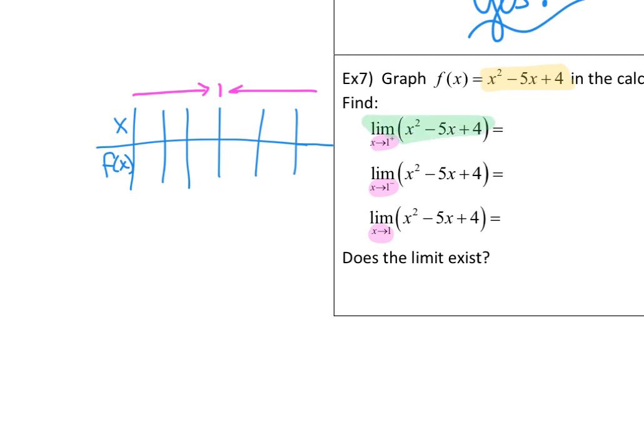Let's do from the right in green, and that's that little plus sign next to the 1, and then from the left in blue, and that's that little minus sign next to the 1.